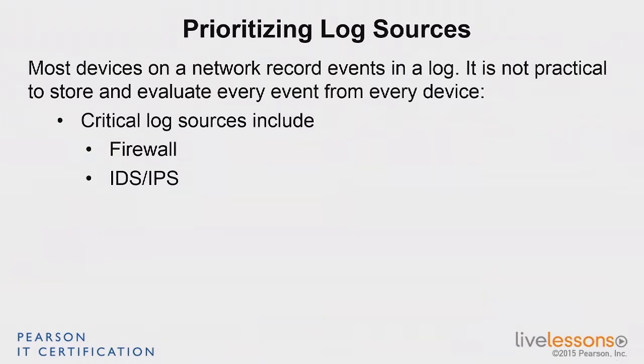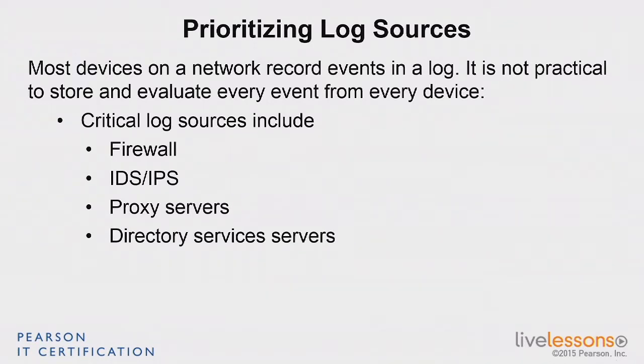IDS, IPS logs, proxy server logs. Those are very important in conjunction with a firewall because very often in a firewall, when you're looking at a source IP address, the source IP address will be the address of the proxy server. Then we need to go to the proxy server logs to see what user or what device actually requested the connection or the circuit to the outside.